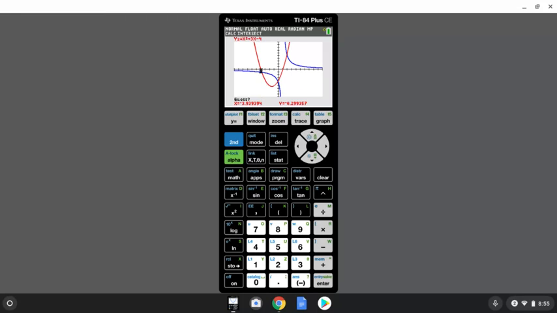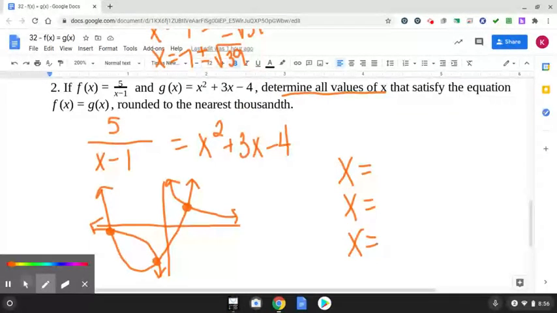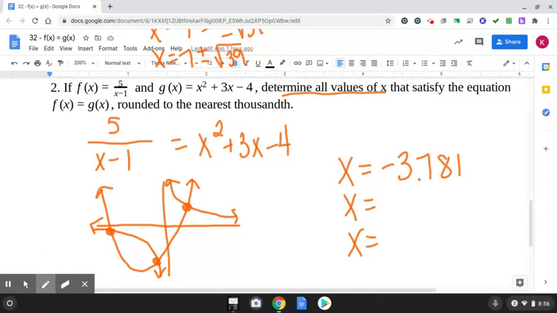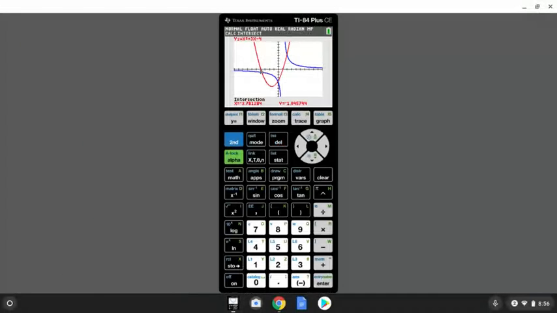Guess, enter. And then that's your intersection point. But remember, we only want the x values because it's asking for when f of x equals g of x. So on my paper, I'm going to write that x value, rounded to the nearest thousandth, was negative 3.781.